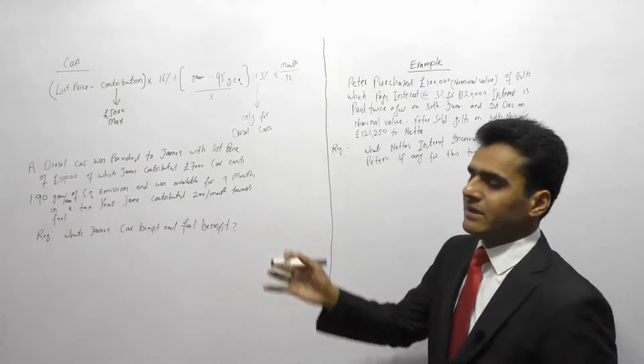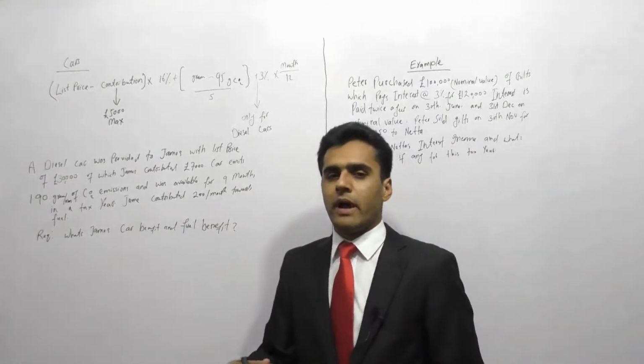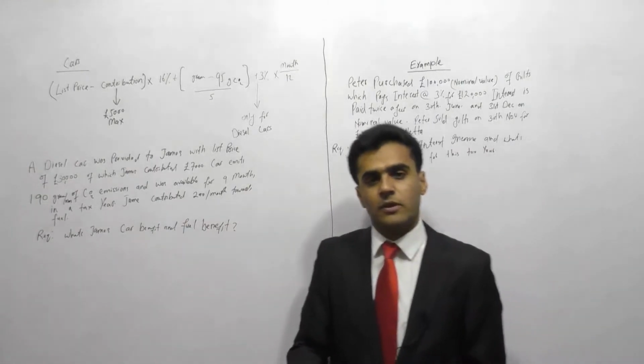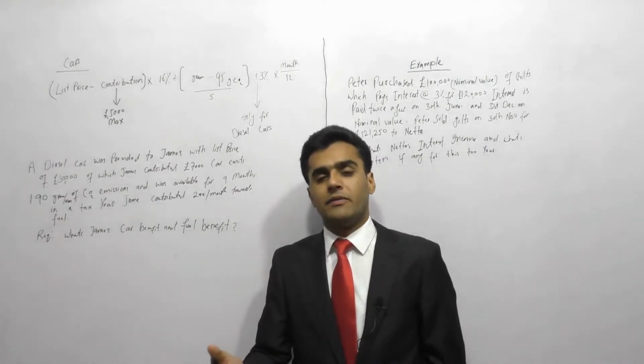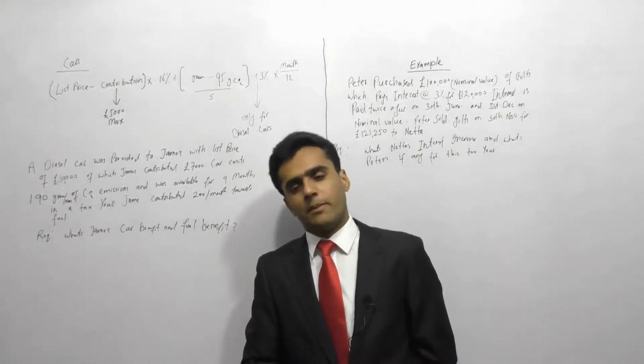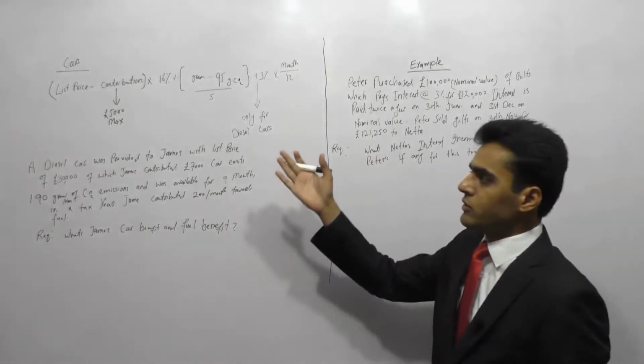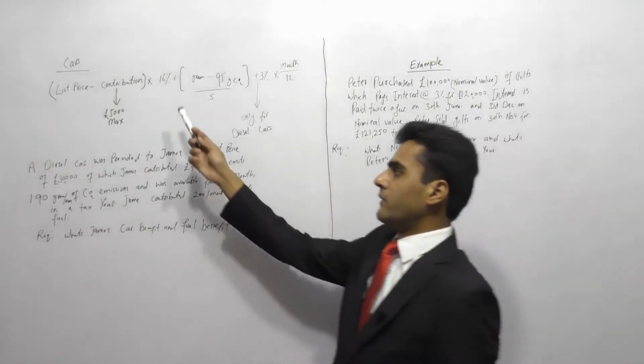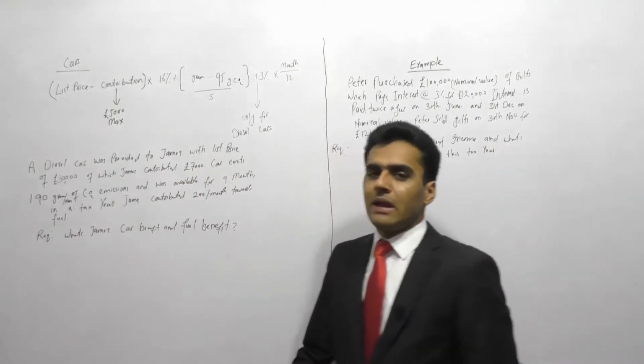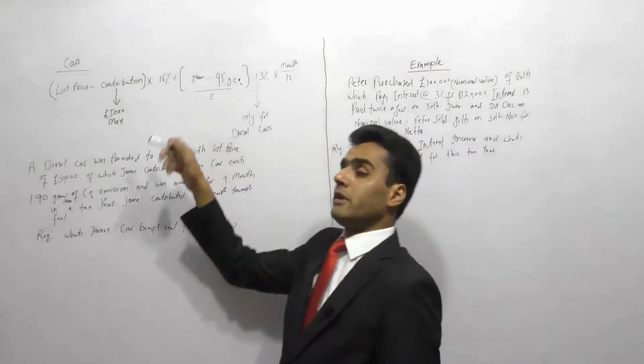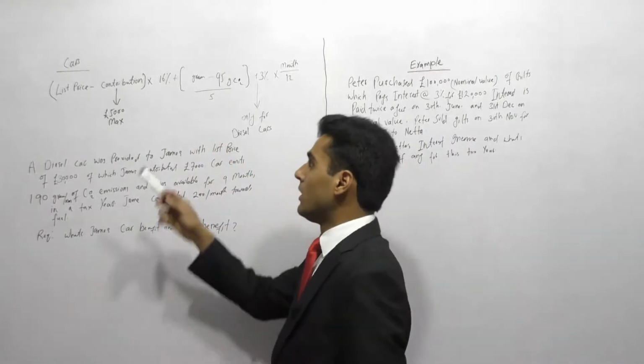Now 16% is a standard rate. If, for example, your car emits 95 grams per kilometer of CO2 emissions, then you will have to take 16%. That 16% is standard, as I said to you in the previous video.